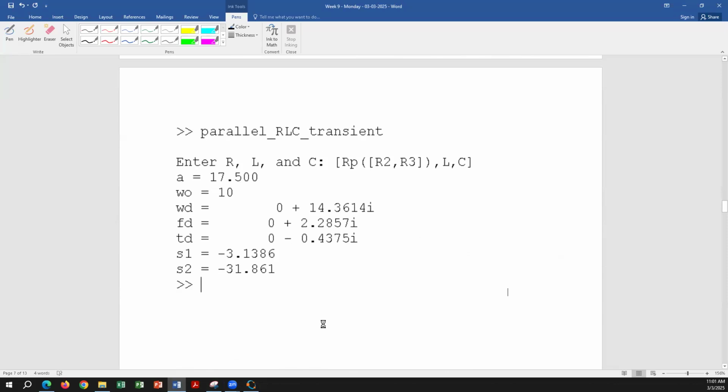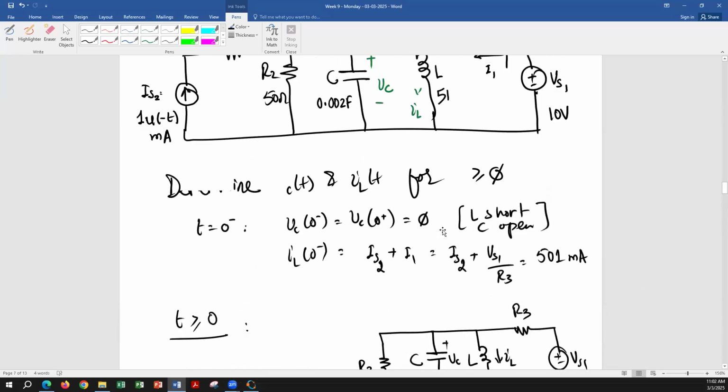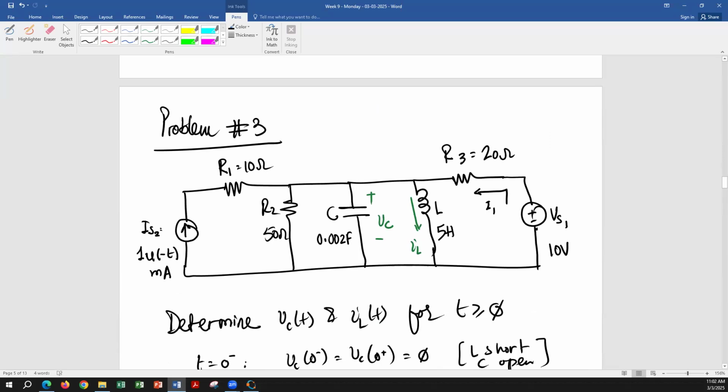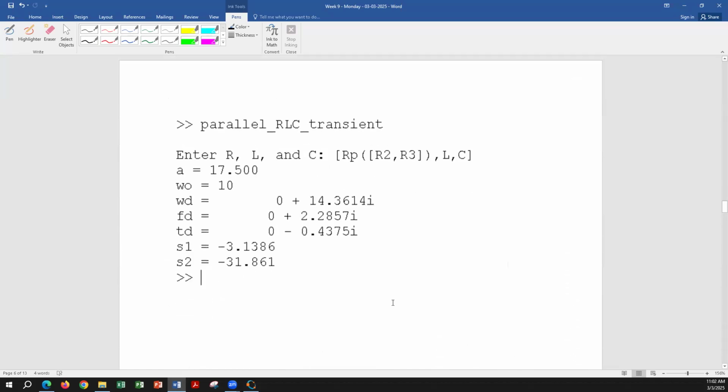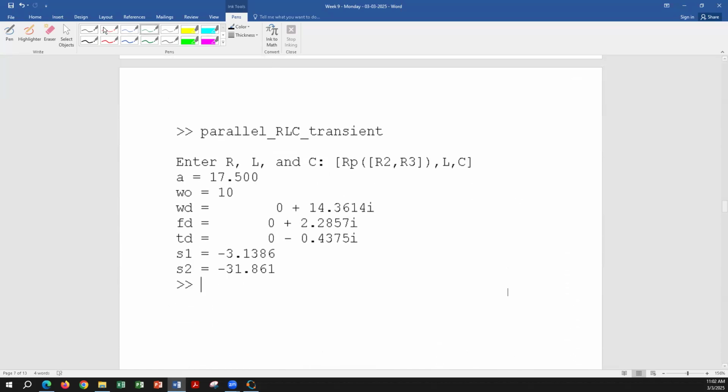These are the values that I'm getting. Ten, 50, 20, 10. Anyone else getting the same result? Okay.